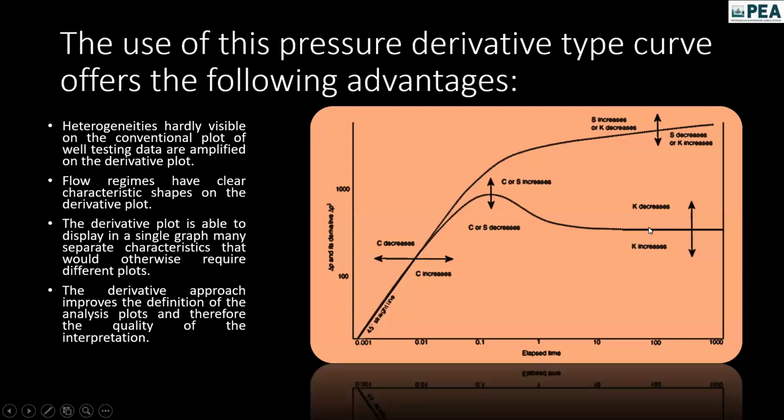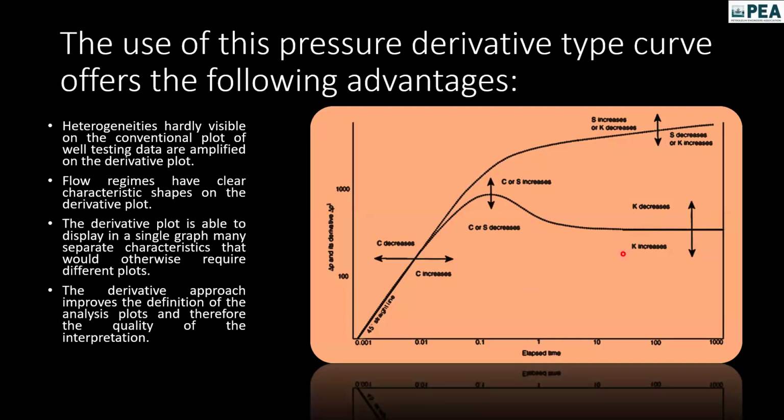Then after some time, it may deviate to the top or bottom. You can see there are two arrow marks on the top side as well as the bottom side. If it is moving to the top, they have given an indication that permeability is getting reduced. If it is moving to the bottom side, permeability is increasing.